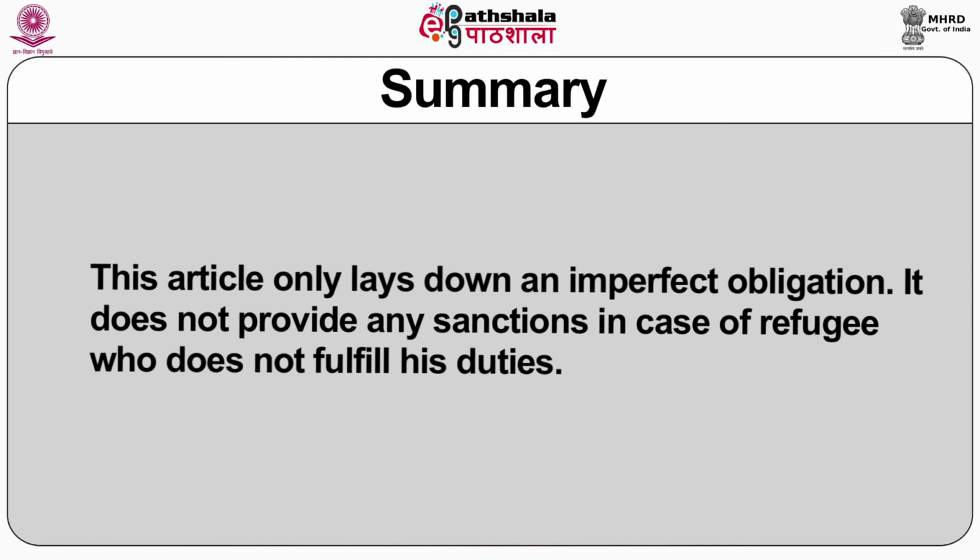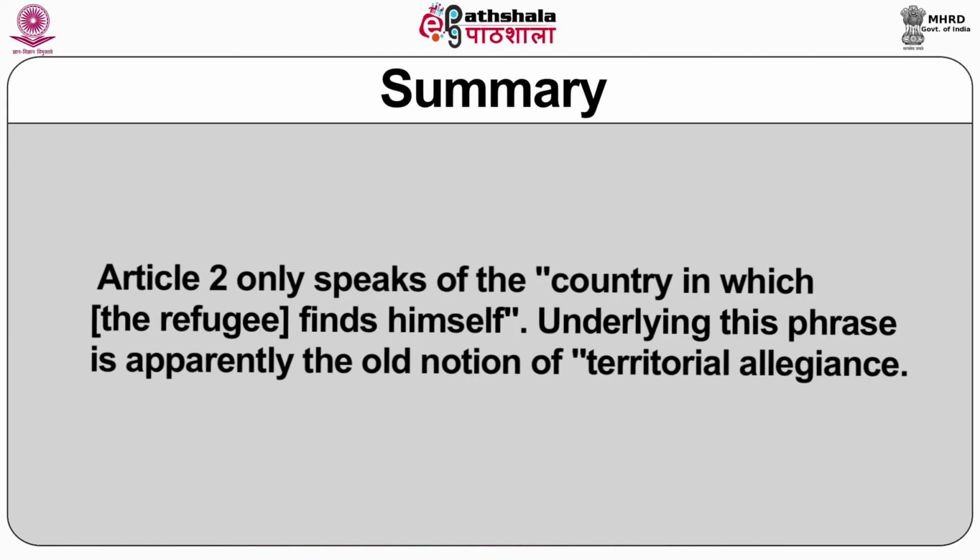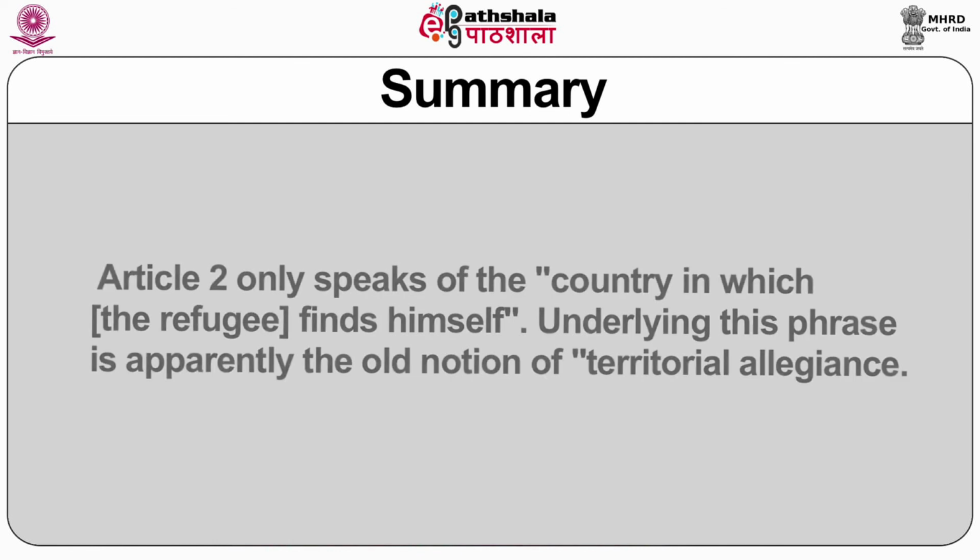This article only lays down an imperfect obligation. It does not provide for any sanctions in case a refugee does not fulfill his duties. Article 2 only speaks of the country in which the refugee finds himself. Underlying this phrase is apparently the old notion of territorial allegiance.